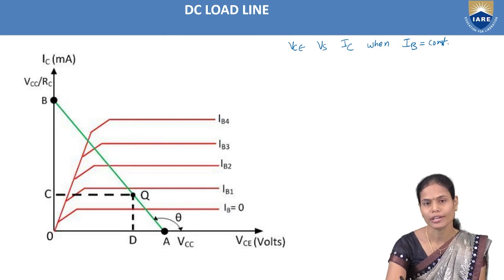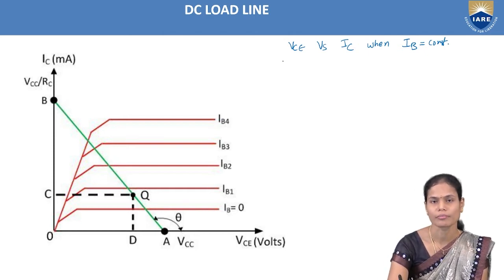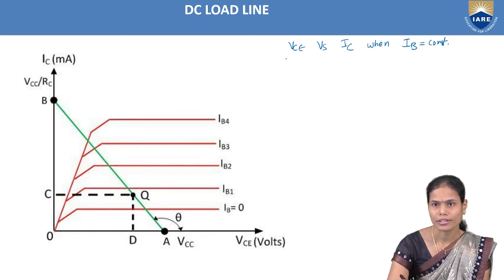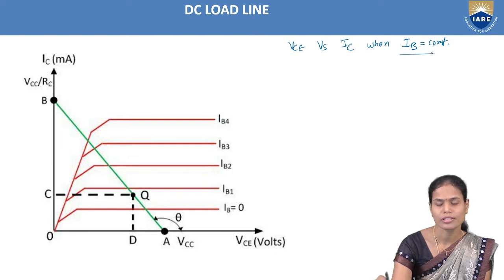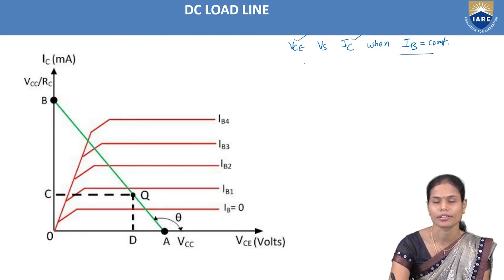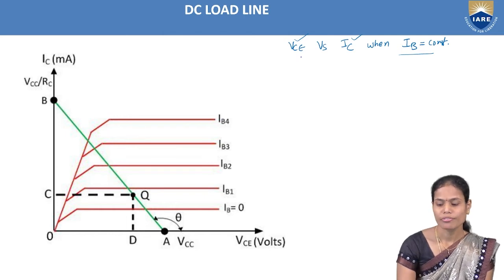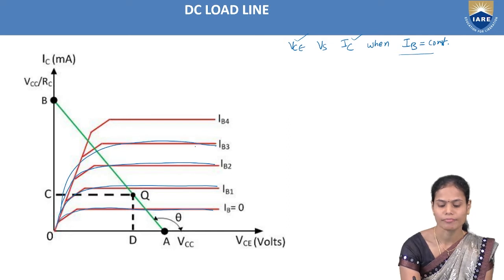First of all, we keep the input current at some constant value, some 10 microamperes or 20 microamperes. We have to fix that IB value. Then we vary this VCE voltage, and we will get the corresponding change in the collector current IC. If we do like that, we will get this type of characteristics: for different values of base current, we will get different values of collector current.